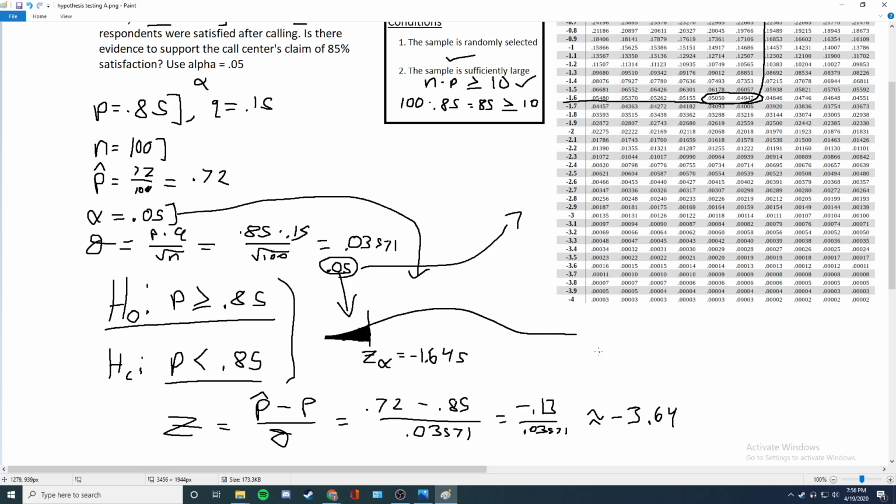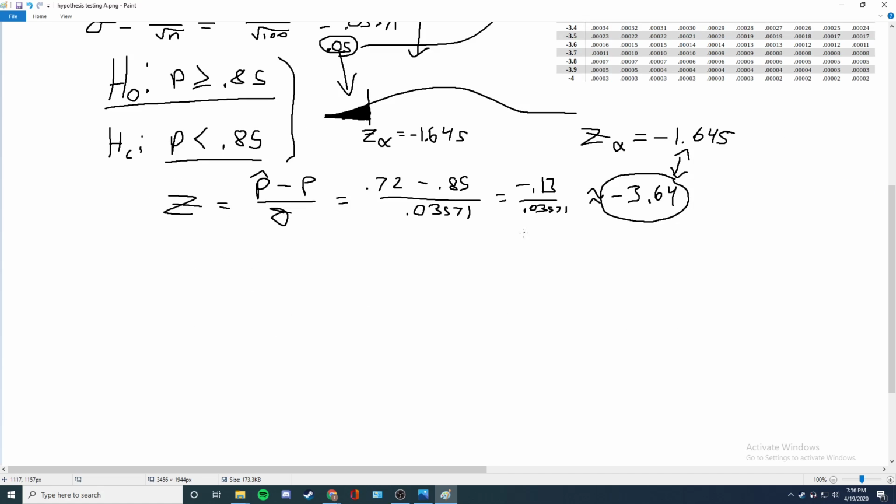So our z alpha, remember, was -1.645, and we're going to compare these two z values now. Since it's a left-tailed test, we're looking for this z value to be less than the z alpha, which it is. So that means that we can reject our null hypothesis, H sub 0.